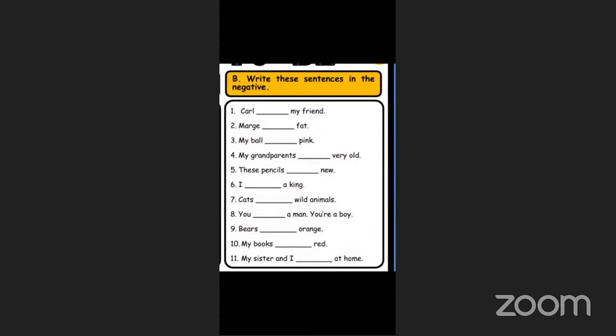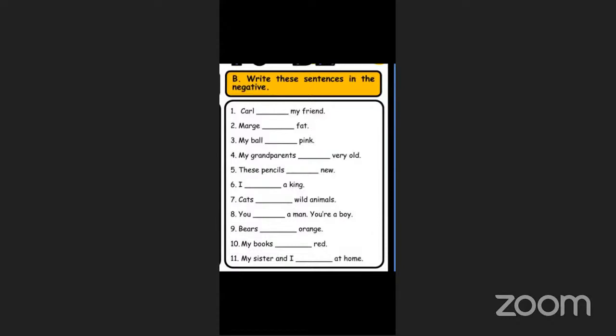Carl blank my friend. Number 2. Margie blank fat. Number 3. My ball blank pink. Number 4. My grandparents blank very old. Number 5. These pencils blank new. Number 6. I blank a king.